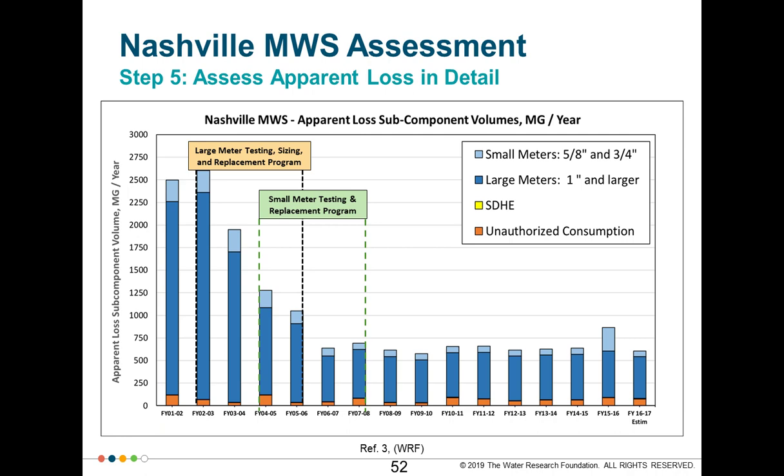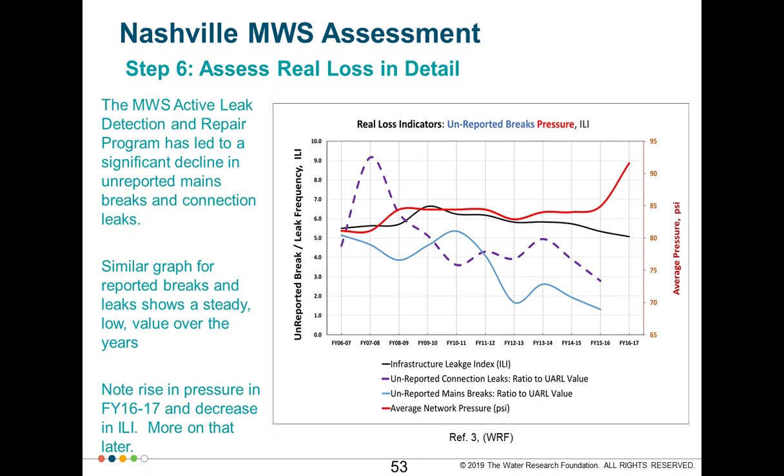Now, if we move to continuing in Nashville to the real loss side, Nashville has had an outsourced leak detection program with utility repair crews following up for many years.